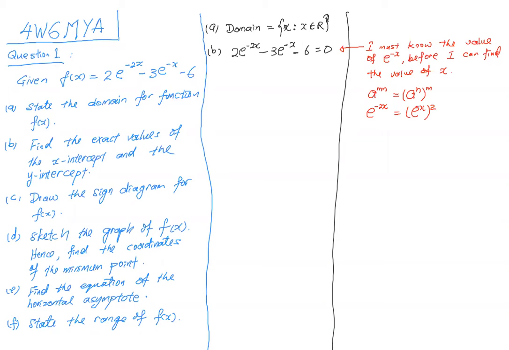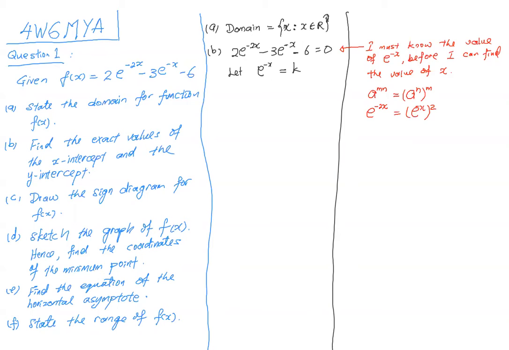You still remember this formula for indices? Yes. So that's why we let e to the power negative x be equal to another letter. We try not to use y because usually we take f(x) as y. We don't want to confuse ourselves, so we let it be k.